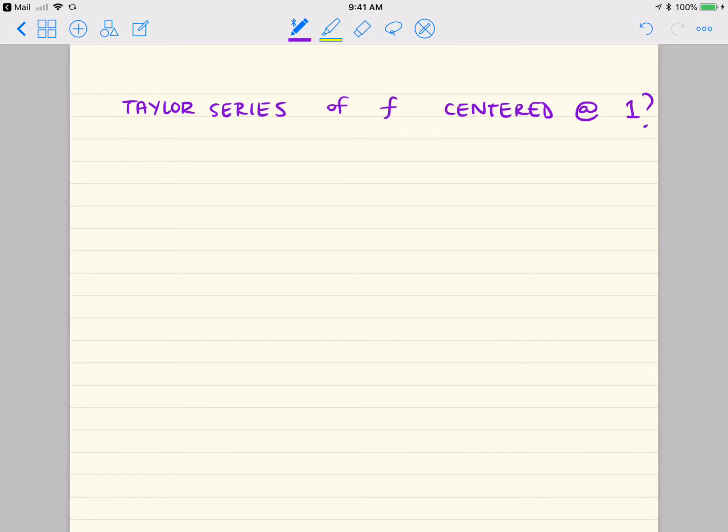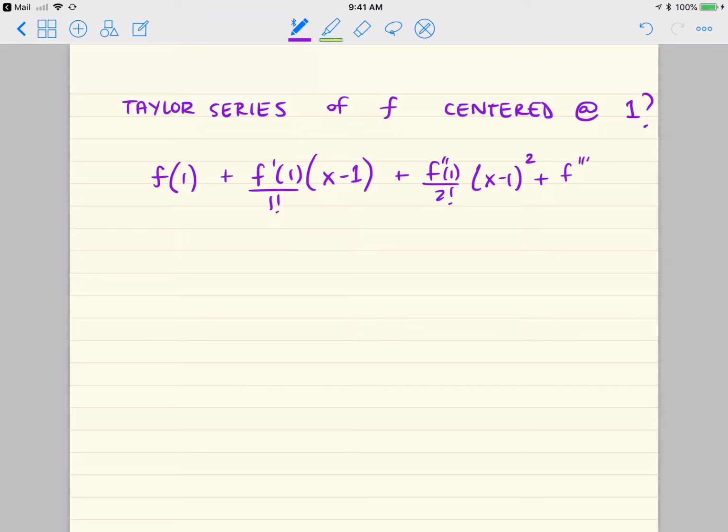It's going to be f of 1 plus f prime of 1 times (x minus 1) plus f double prime of 1 over 2 factorial, where each time we're going over n factorial, then (x minus 1) squared plus the third derivative over 3 factorial, (x minus 1) cubed plus dot dot dot. So this would be our Taylor series for the function f centered at 1.